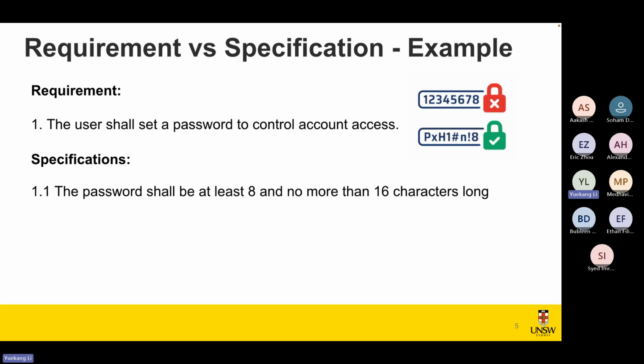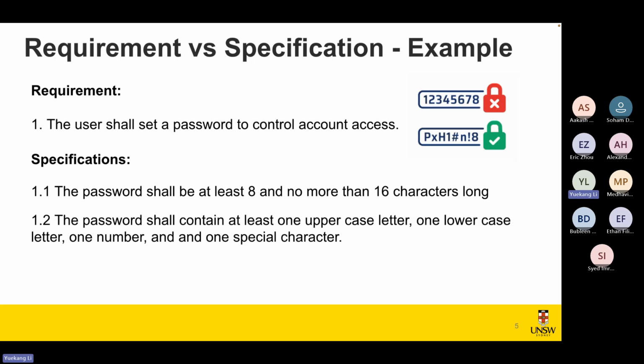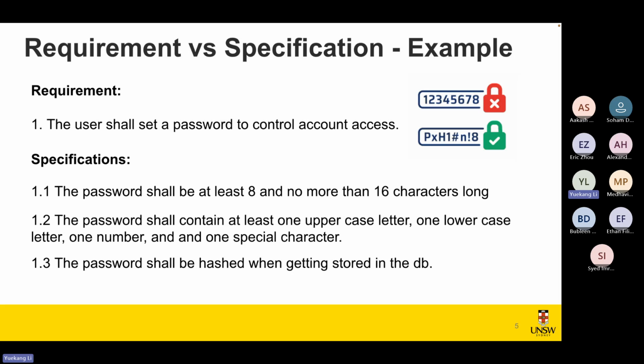For specification, we may try to specify the length of the password which is allowed. We may need to specify the pattern of the password. And we may also specify how the password should be stored. As you can see, requirements are very high level properties, and specification of features is more like lower level implementation related descriptions.